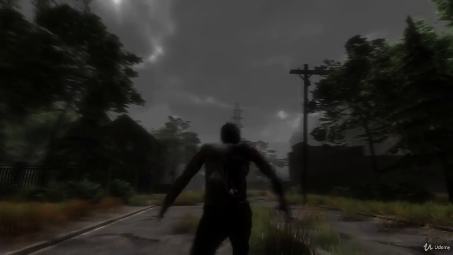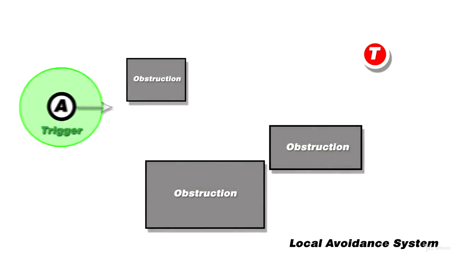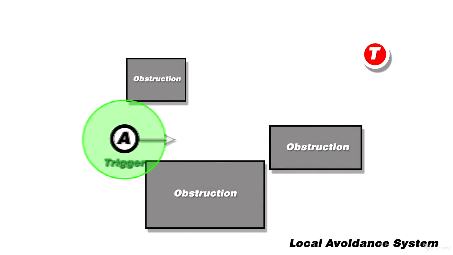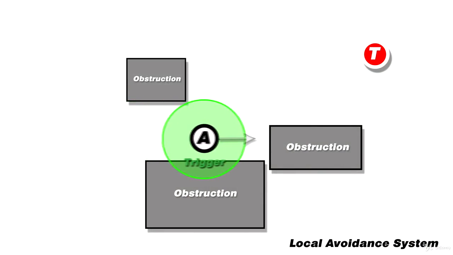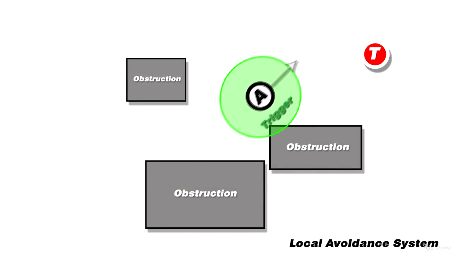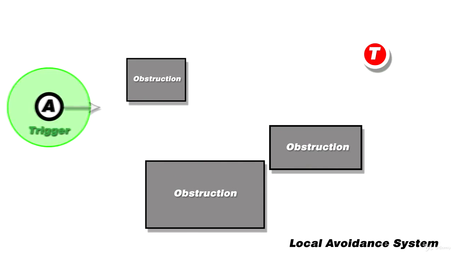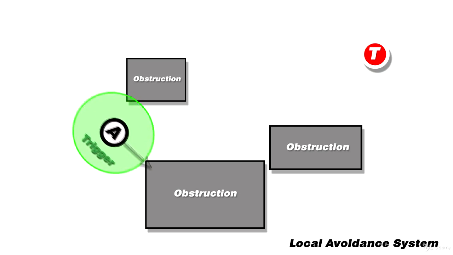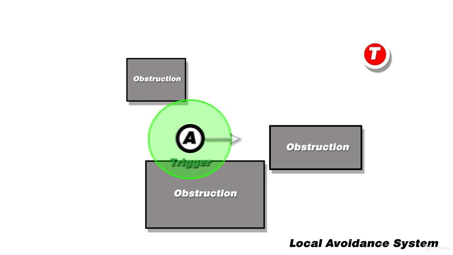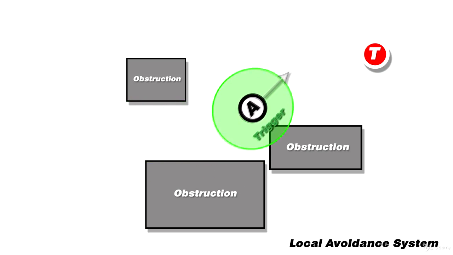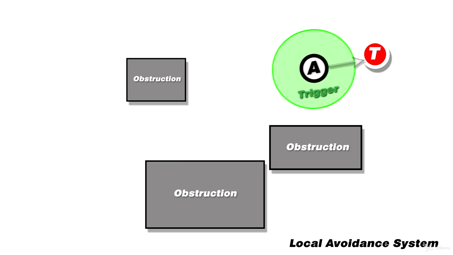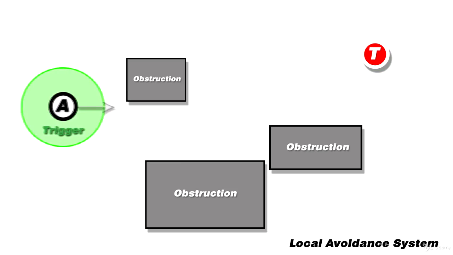Now, a naive first solution might be to consider an entirely dynamic and runtime solution, using, for example, trigger volumes. When those triggers are intersected by other objects, we could compute the obstruction's position and generate a modified velocity vector for our agent that steers us around the object. This works fine for local obstructions.